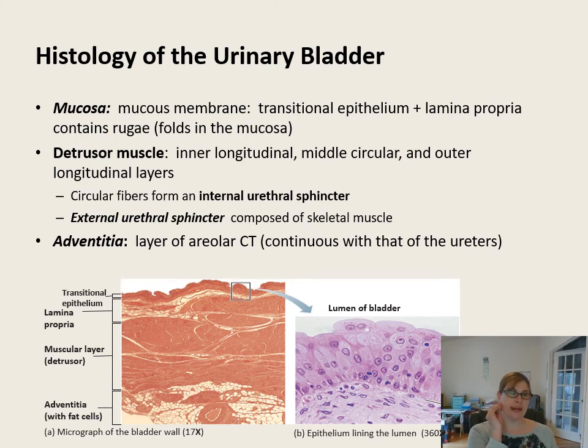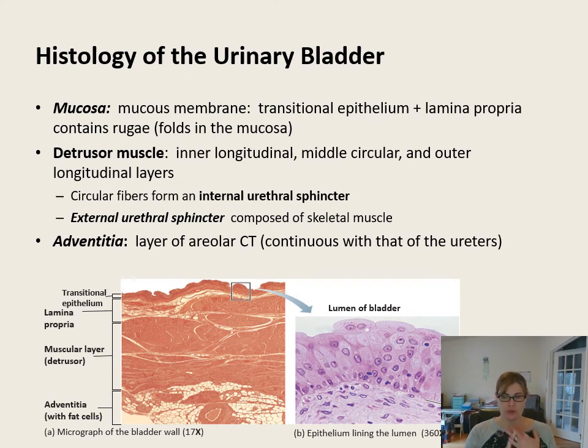So just looking at the bladder's histology, we have the mucosa, which we talked about being the transitional epithelium, and we do have rugae built in there. We have a muscle called the detrusor muscle, which is involved with the contraction. And then we have two sphincters at the end of the bladder.